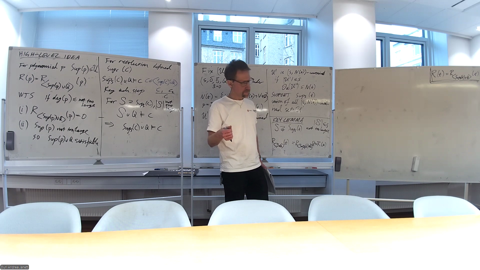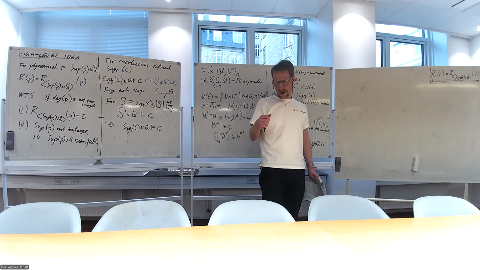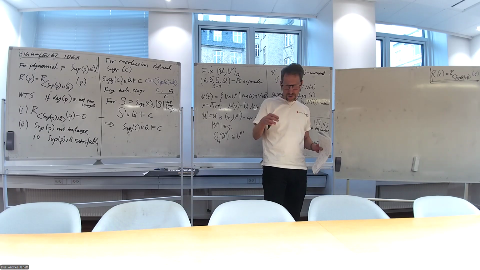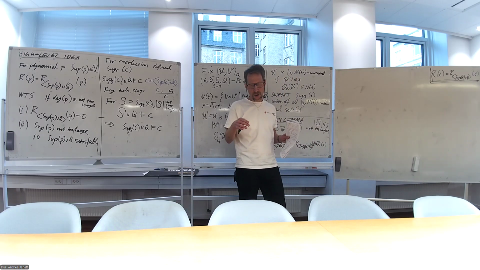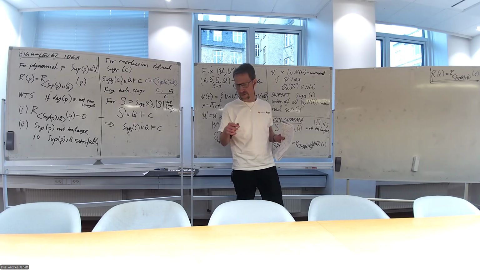And again, how do I pick the set of polynomials? I want to pick it somewhat large. I want to pick it so that it seems related to having derived the polynomial.